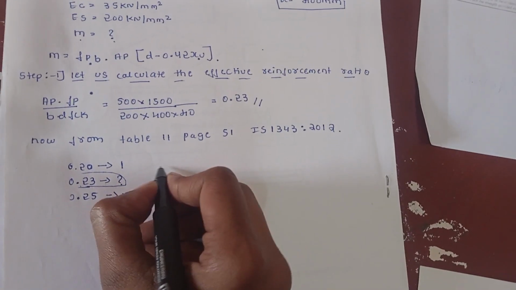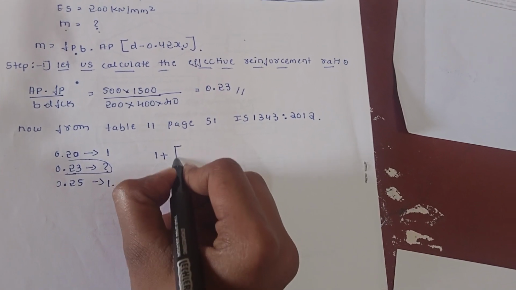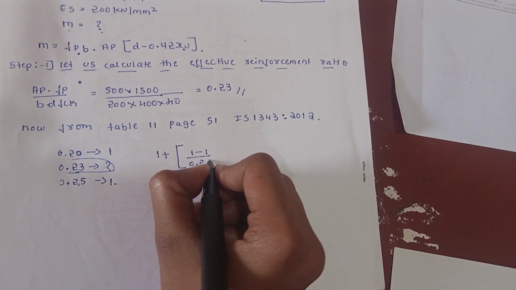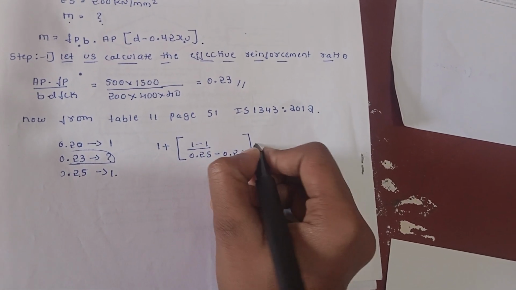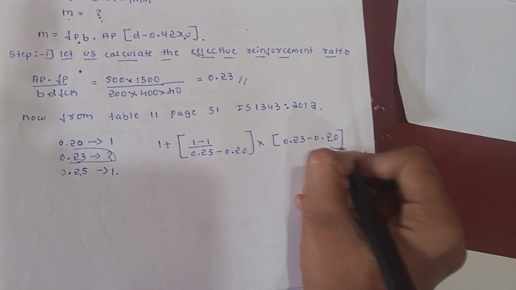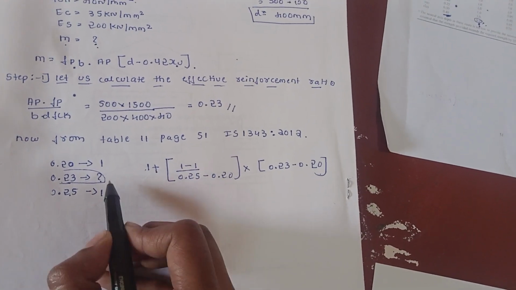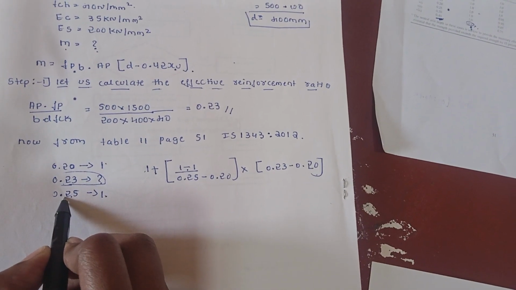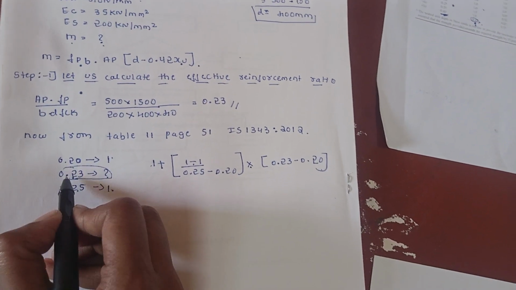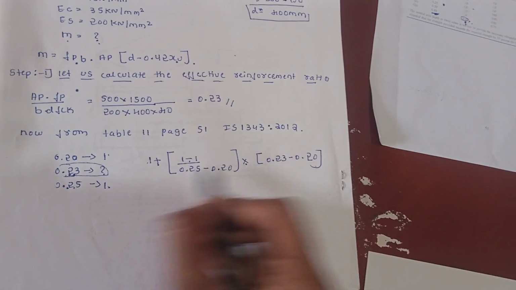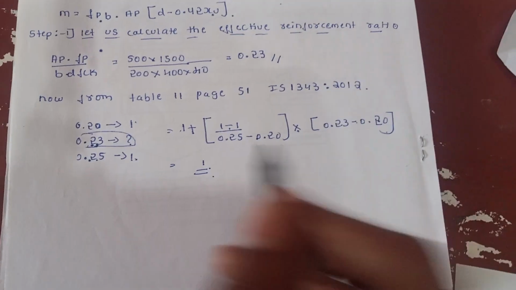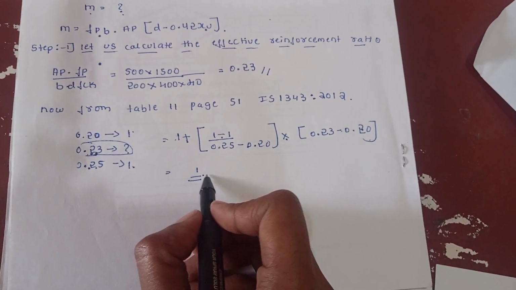Let's see: 1 plus bracket open 1 minus 1 divided by 0.25 minus 0.20, bracket into bracket open 0.23 minus 0.20. We got the answer as 1.